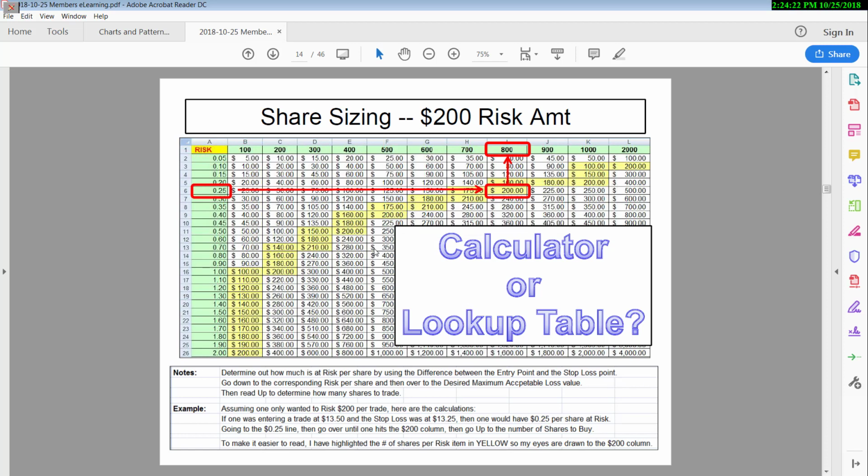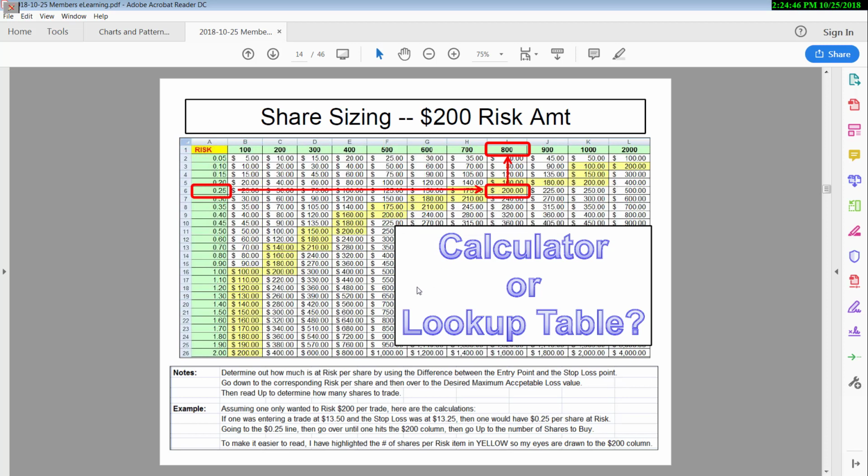Now, this is an example of a $200 amount, but I'm going to give you one for 100 because you can always multiply it. So if I had 100, I read down to the risk amount, read across to the value that you want, and here's 200, and then you look up to the top and it tells you how many shares you can purchase, up to.